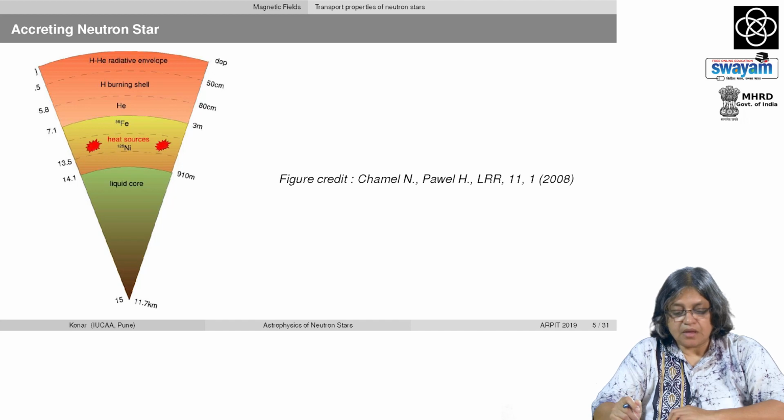Now, this is a cross section of an accreting neutron star.